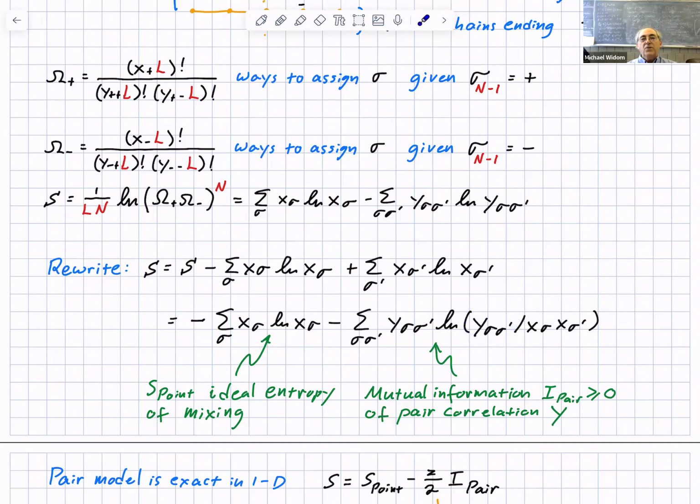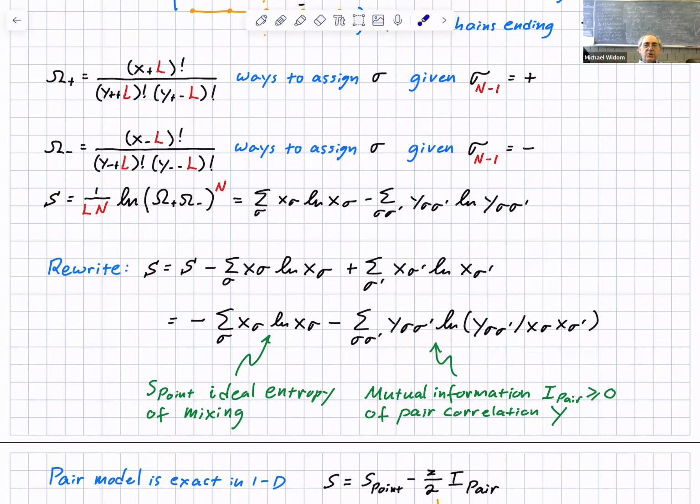And so we now want to remove the information required to account for the correlations between the spins and their neighbors. And so we have an uncorrelated information minus the mutual information of the distribution function.